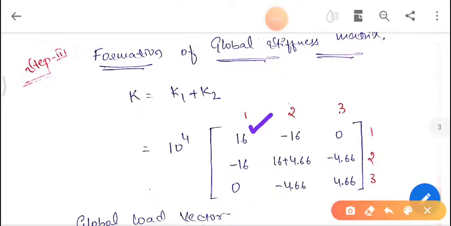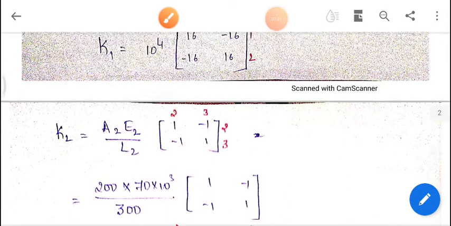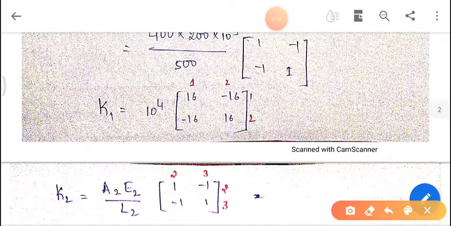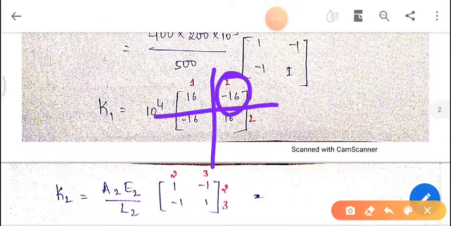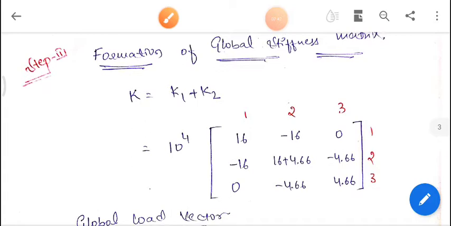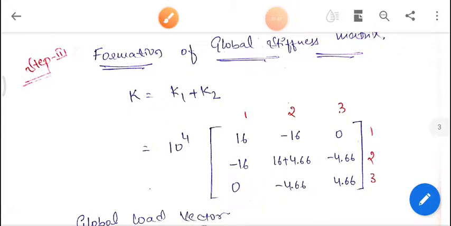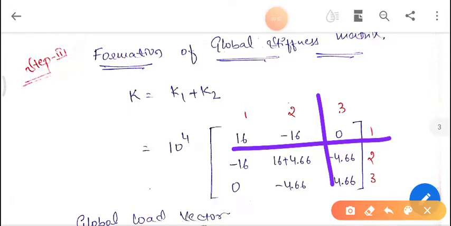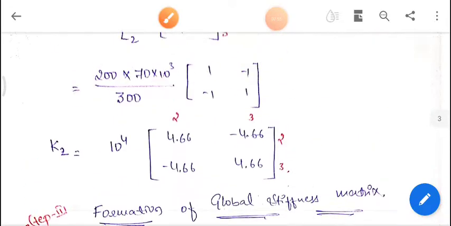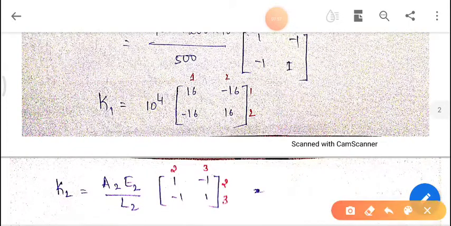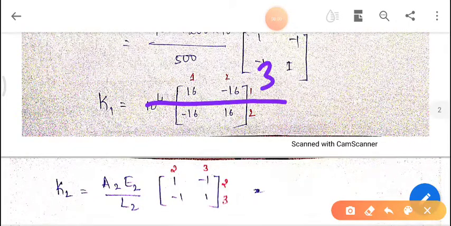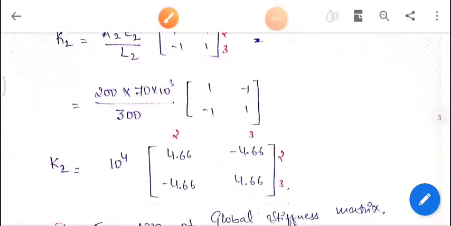Next, first row second column is minus 16. This you can see here in the first matrix, first row second column, that is nothing but minus 16. Next, first row and third column we have 0, because we have first row but we don't have any third column, since it is 0.